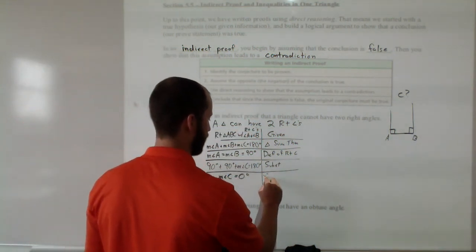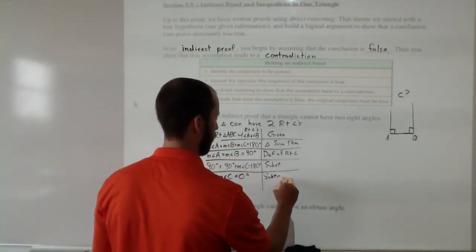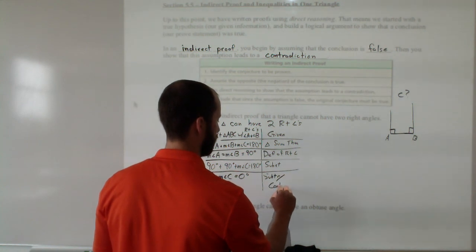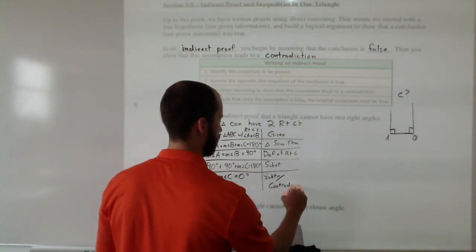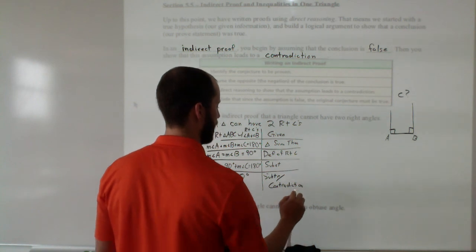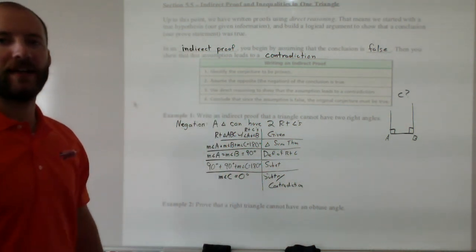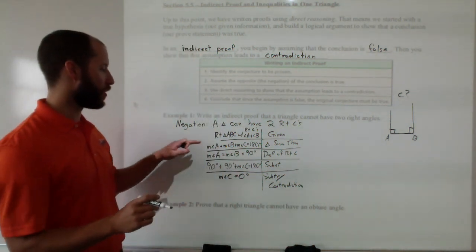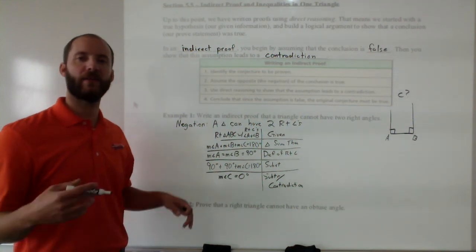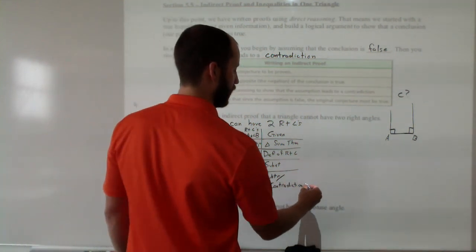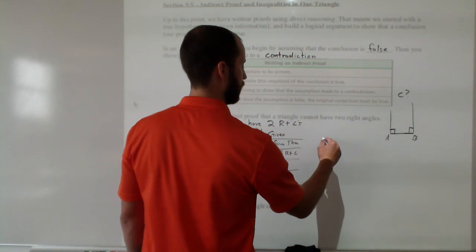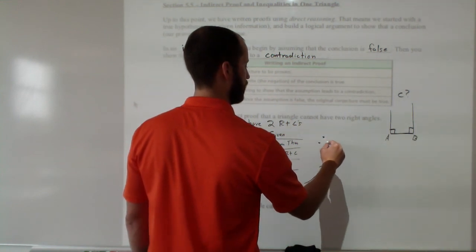So we did subtraction, which led to a contradiction. All right, a contradiction of something we know to be true about the triangle sum theorem and the measures of angles. So this contradiction leads us to a conclusion.